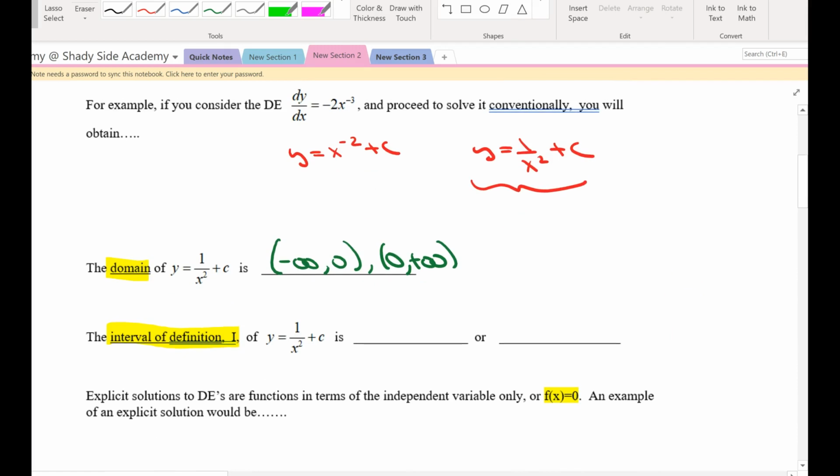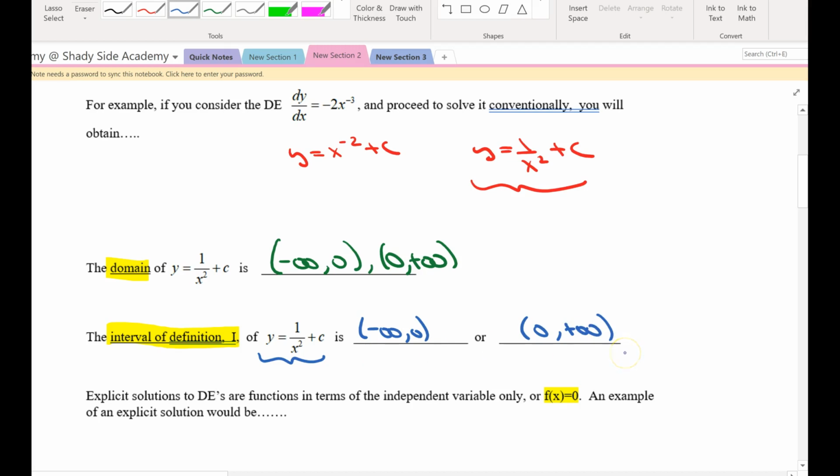The interval of definition has to be an interval over which this function is in fact differentiable. So there are two intervals of definition here. One interval of definition is this one. The other interval of definition is this one.